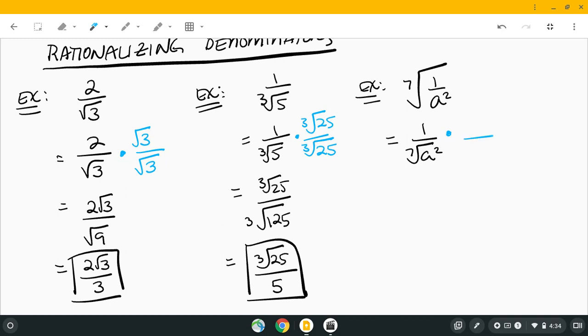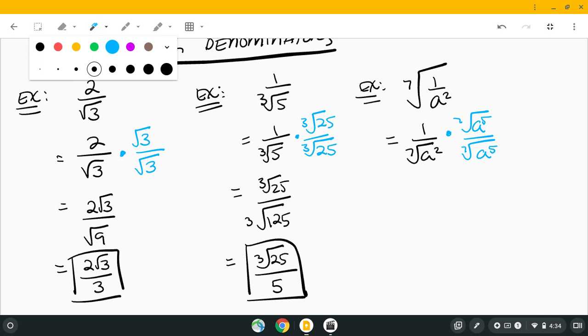Okay, so in order for this to be a perfect seventh, I need a to the fifth power, because 5 and 2 is 7. So I'll have a total of 7. So I'm going to multiply the numerator and the denominator by the seventh root of a to the fifth.